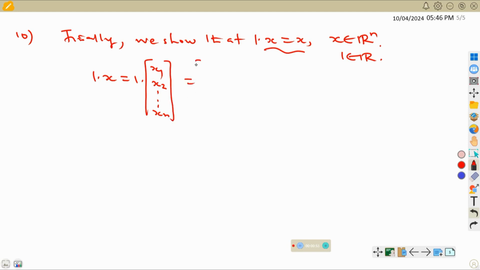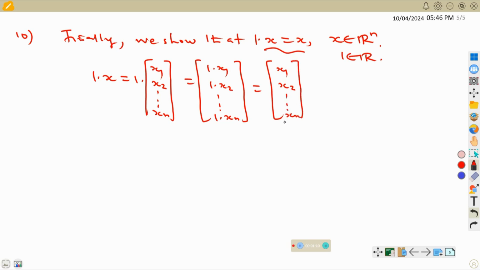This is the same as 1 times x1, 1 times x2, up to 1 times xn. But this is the same as x1, x2 up to xn, which is actually the same as x. So clearly 1 times x is the same as x, and that is true.